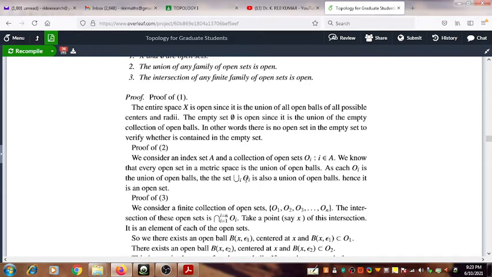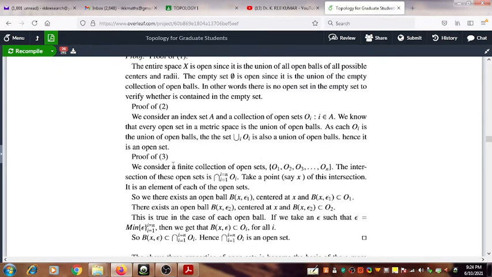So when we consider the union of these open sets, the union over all i of Oi, it can also be written as a union of open balls, because we take the open balls that make up each open set one by one and then take the union to obtain the entire union. The whole union can be written as a union of open balls, so that union is also an open set.